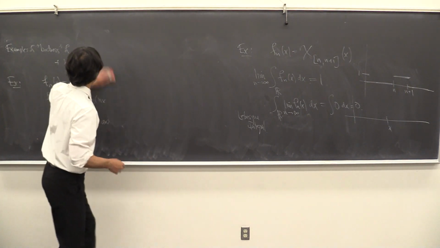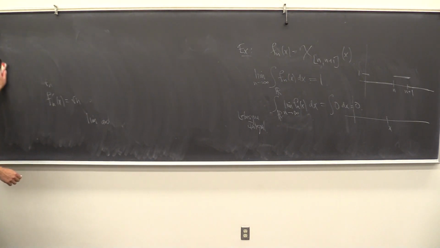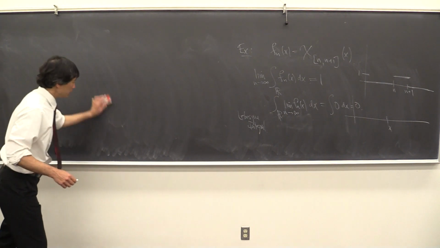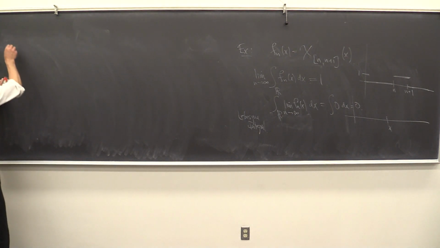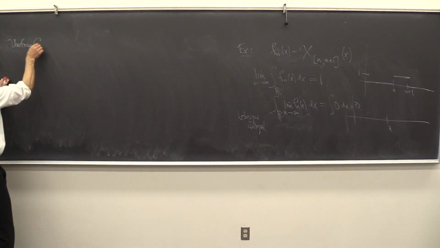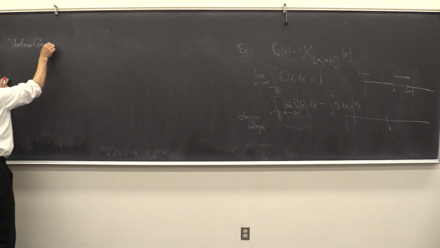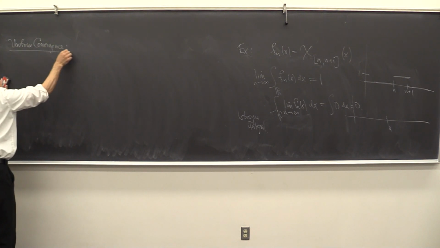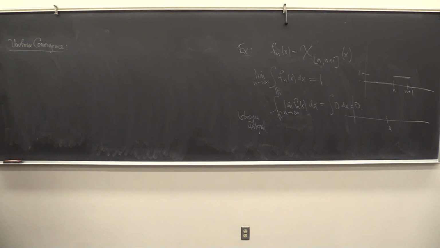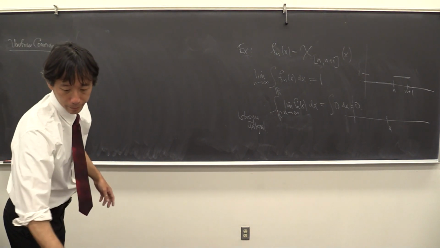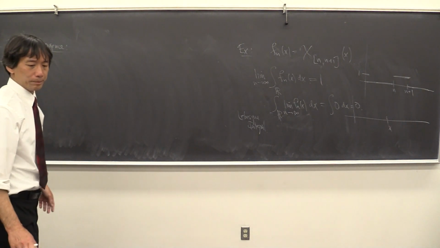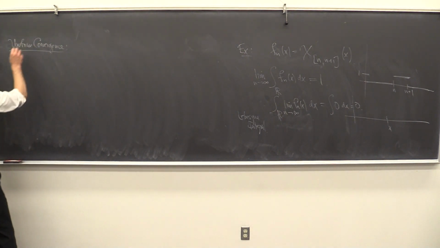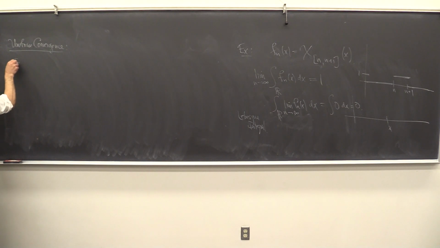But there is something that does work well with the basic ideas of calculus, and that is so-called uniform convergence. That's something a lot stronger. So first off, here's a little exercise.